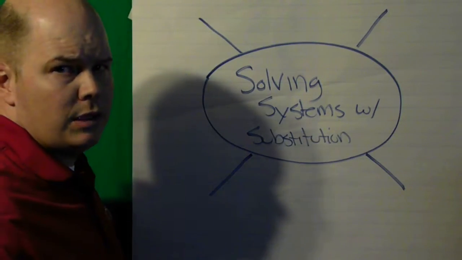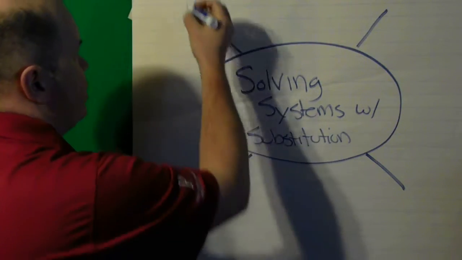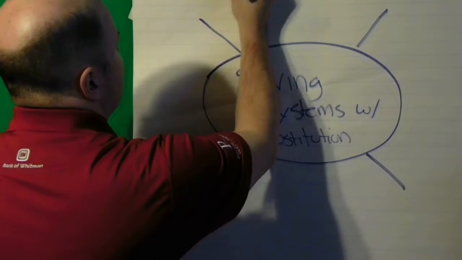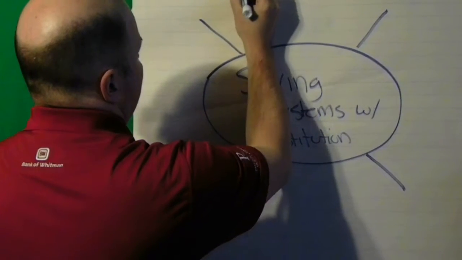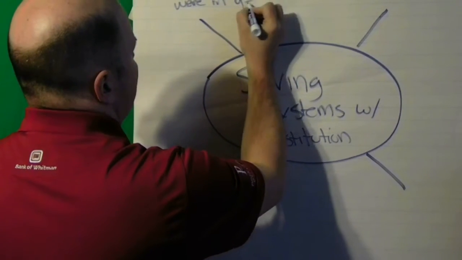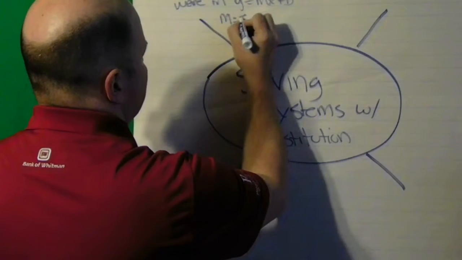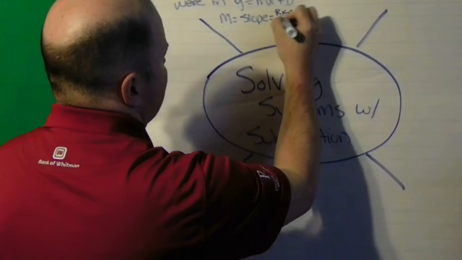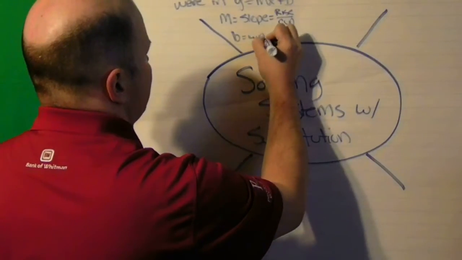So, the first thing we did when we were solving systems using substitution yesterday was we checked to see if they were in y equals mx plus b, where m was our slope, which we also know is the rise over the run, and b is our y-intercept.